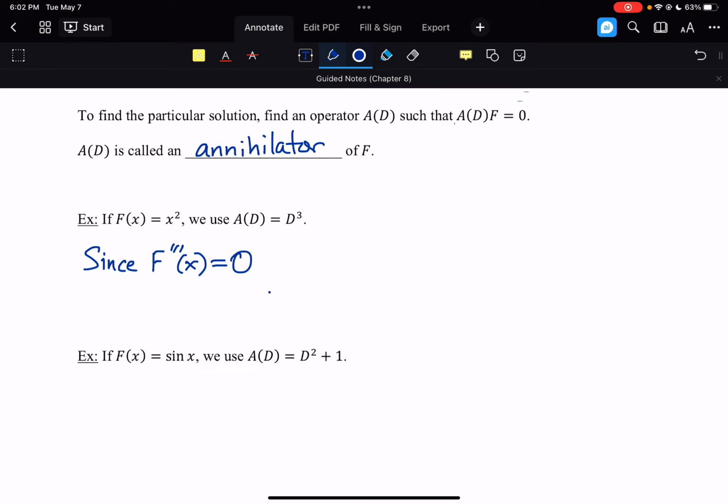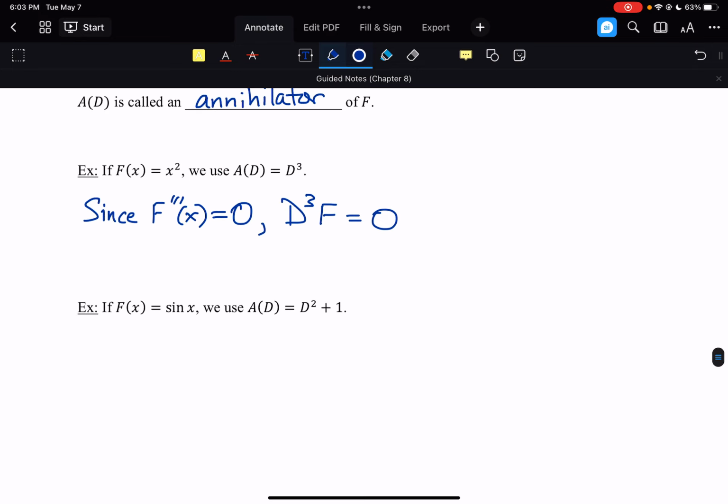So f triple prime of x is 0. D cubed applied to f would be 0, because remember, the D is the derivative operator. This is just saying take the third derivative of this function, which is, of course, 0. So this would be an annihilator for that function.